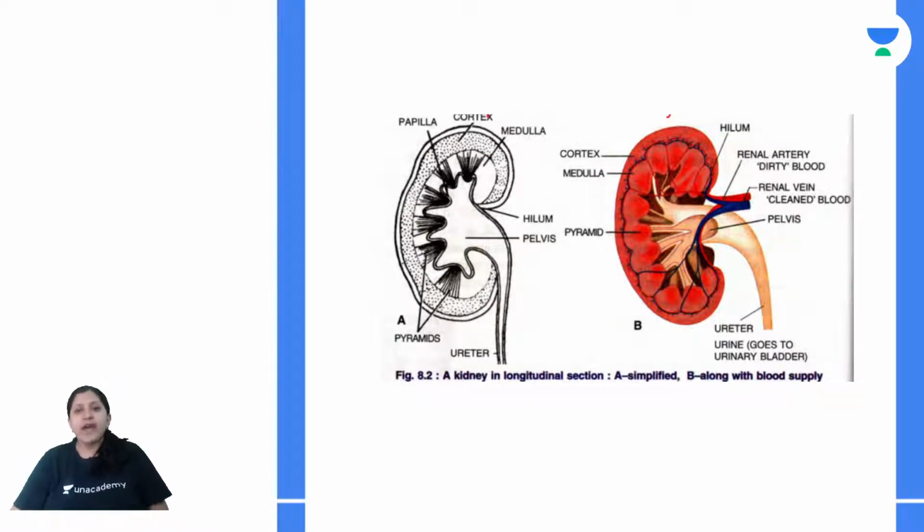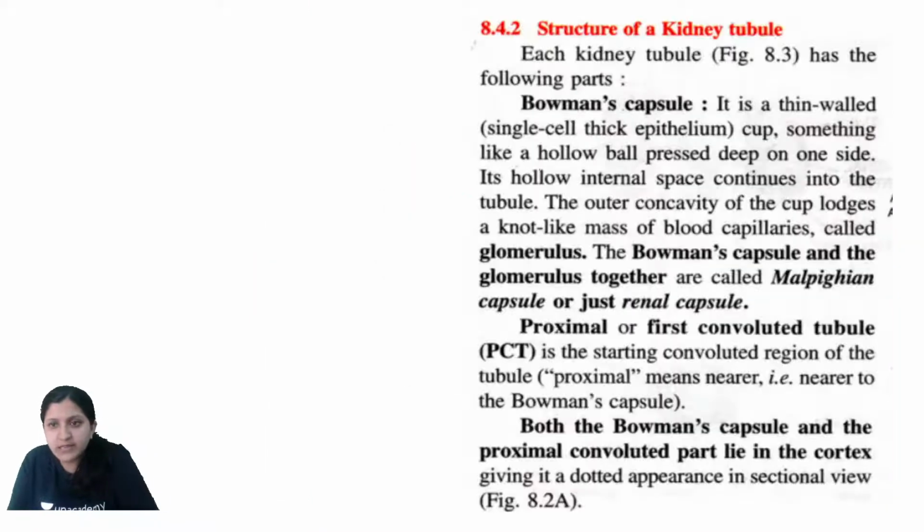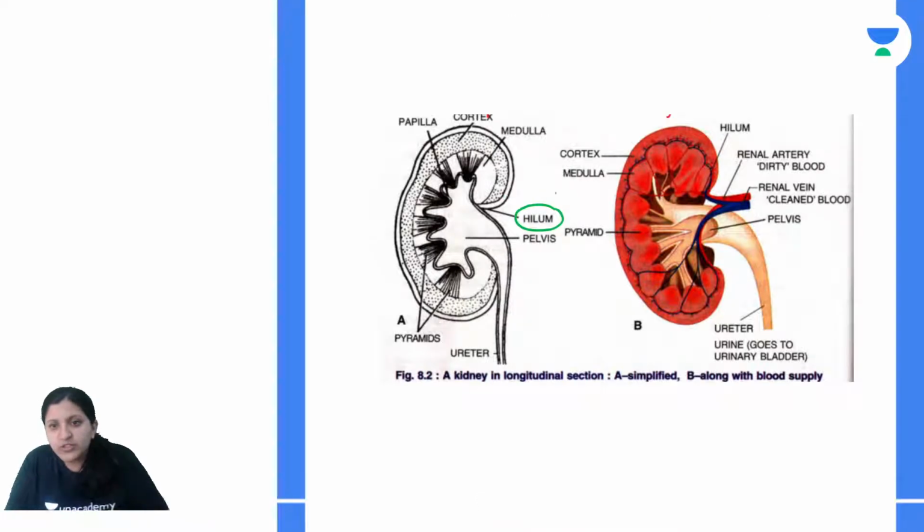As you can see here, there is this hilum. The hilum is basically a junction. I have not added the diagram there, anyway, I'll just show. Wherever this pelvis region is joining with the kidney, where the ureter is joining with the kidney, we call it a hilum.